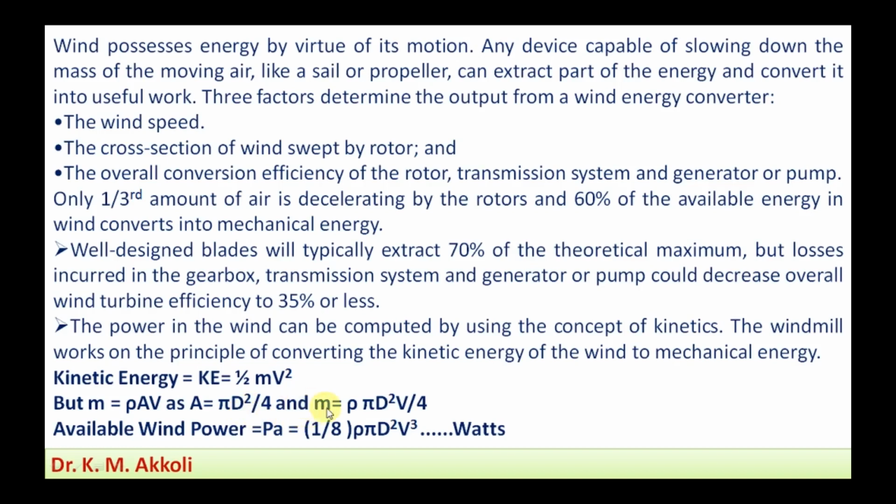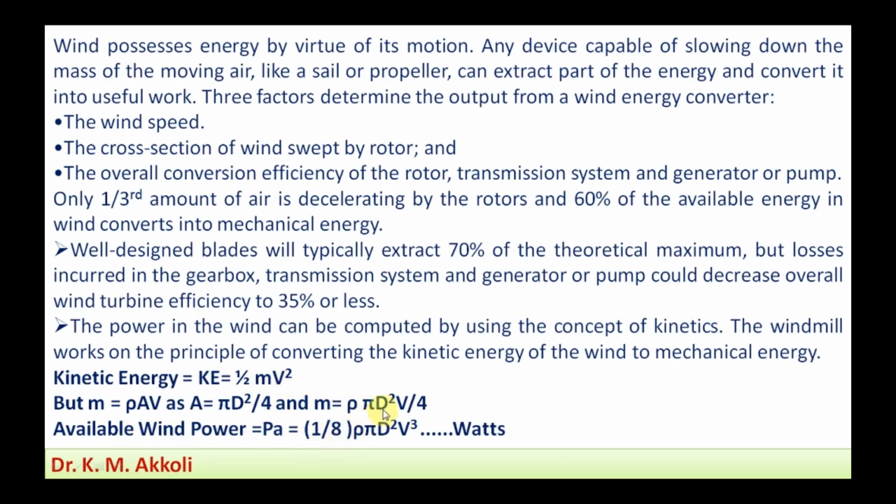If you substitute the area, m becomes rho pi d squared V by 4. If you substitute this m in the kinetic energy equation, we get the available wind power Pa. Here the half multiplied by 1 by 4 gives 1 by 8.